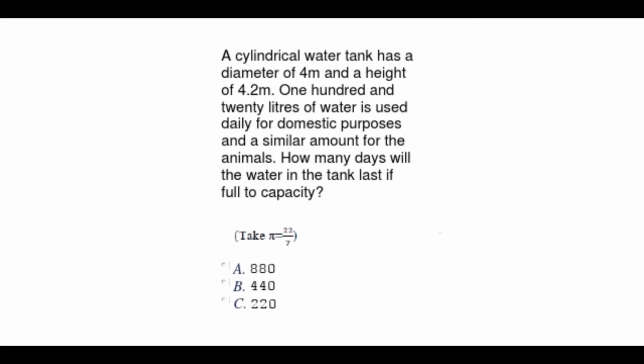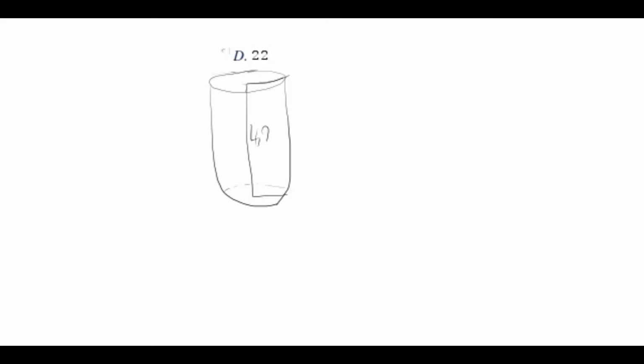So we have a cylindrical water tank. We are told the diameter of the water tank is 4 meters and a height of 4.2 meters.